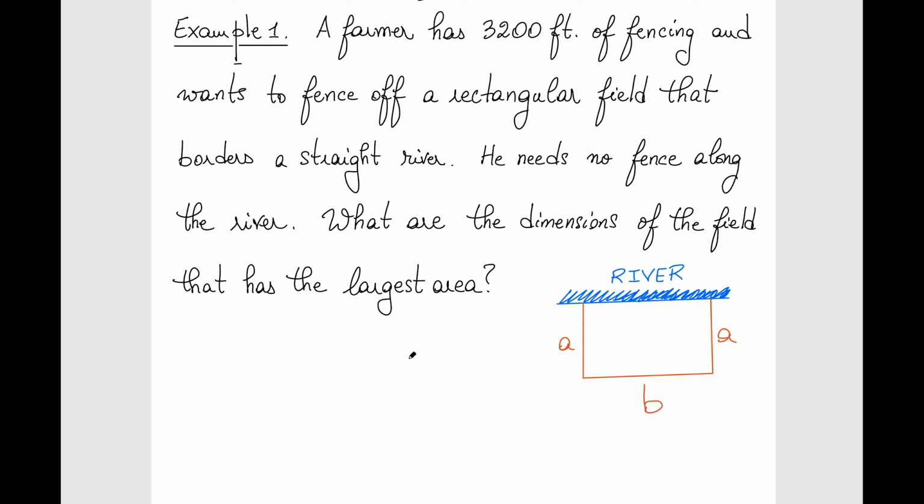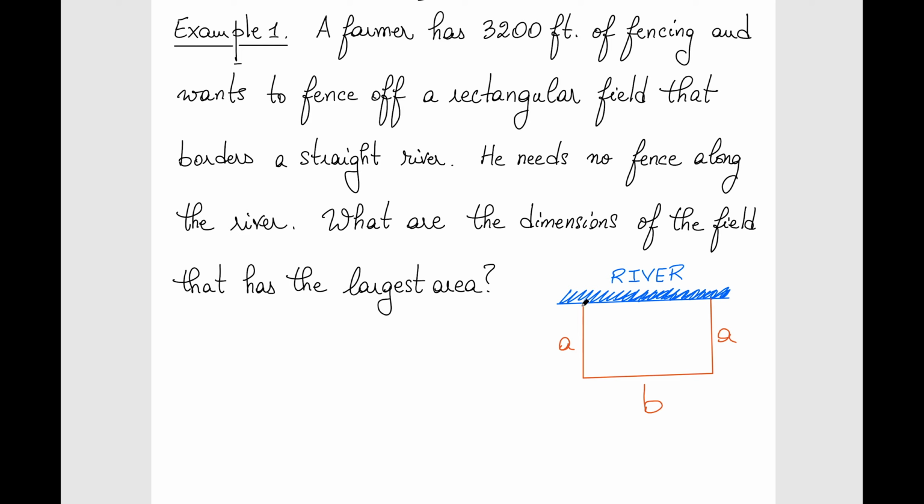And what do you know about A and B? What type of constraint should you put on A and B? Well, you know that the fencing that he has is only 3,200 feet, right? And he's going to use it to come up with this circumference in some sense, right? With this brown thing that you see in the picture.